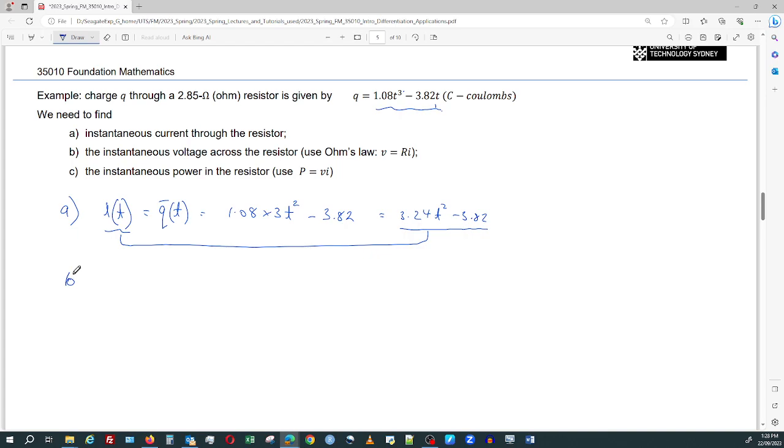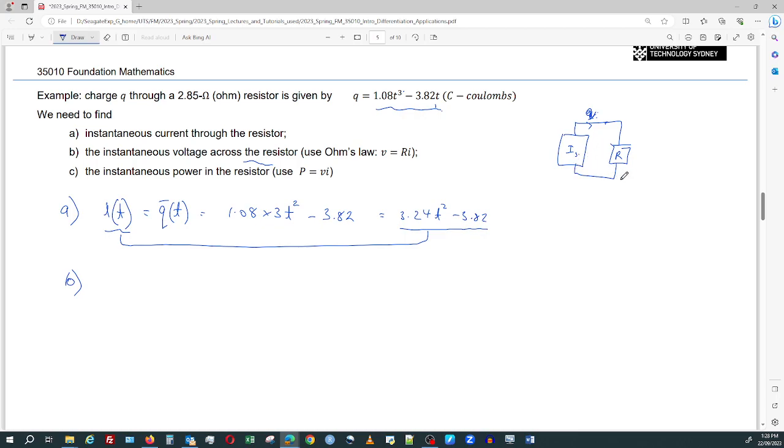All right. What about the instantaneous voltage across the resistor? So if we have a charge supply, there's our charge supply, current source, and we get a charge, Q, and it goes through our resistor. Here's our resistor.